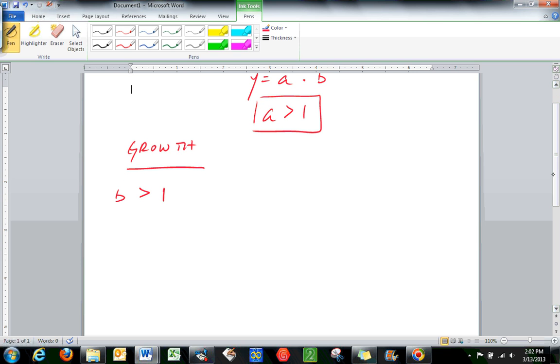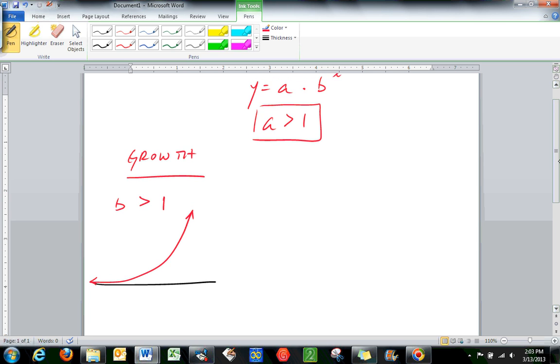And what that's going to create is a situation where we have an asymptote, and our graph is going to hover just above that asymptote, and it's going to slowly curve up as we go from left to right. So that's what the exponential growth function is going to look like.